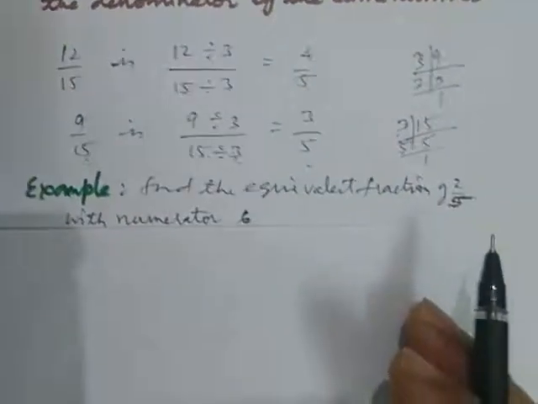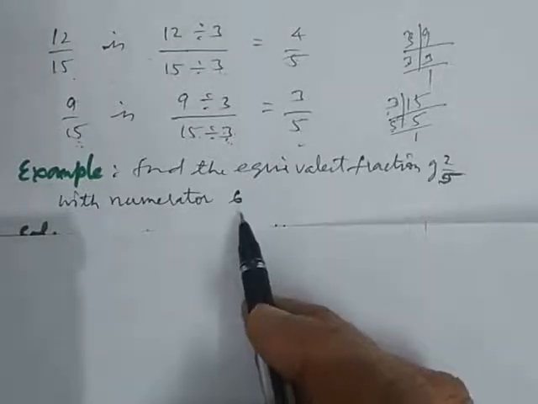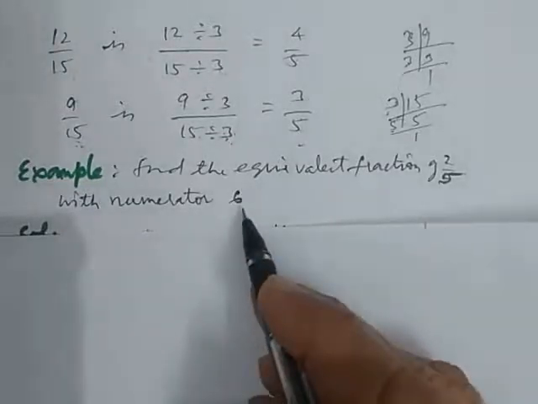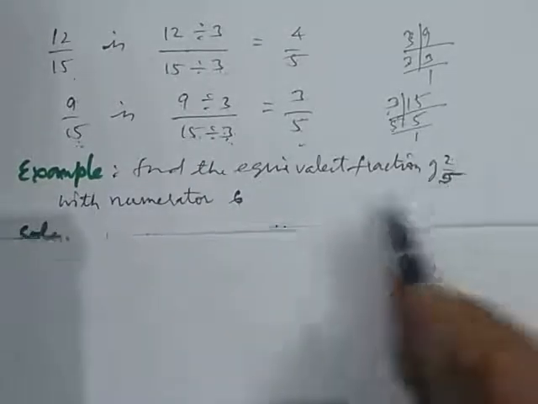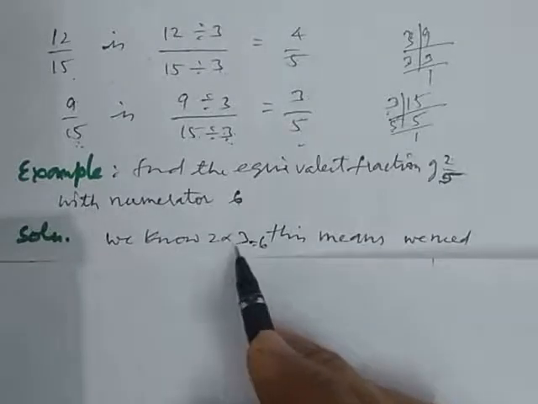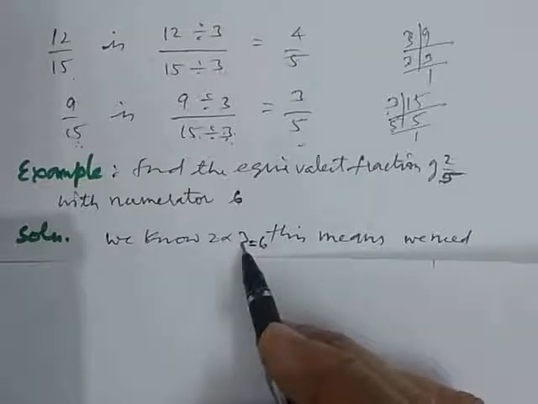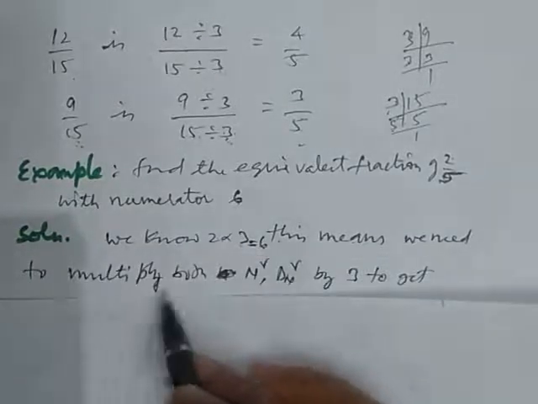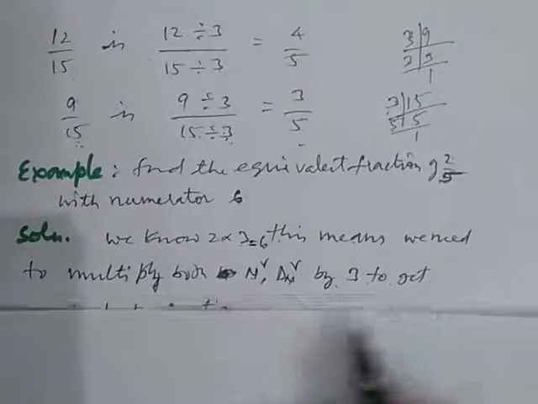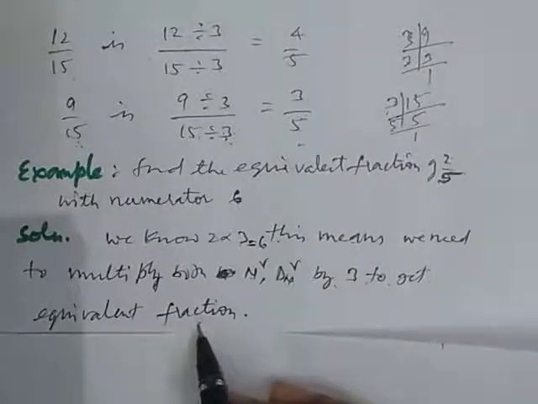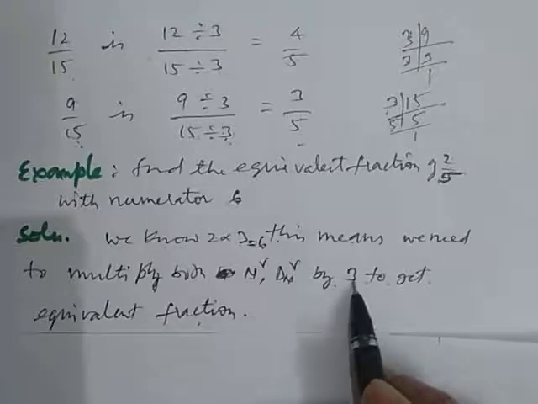Now we take an example. Find the equivalent fraction of 2 by 5 with numerator 6. Here the condition is that we need the numerator 6, and the numerator is 2. We know that 2 into 3 is 6. So to get the numerator 6, we have to multiply by 3. This means we need to multiply both numerator and denominator by 3 to get the equivalent fraction, because the necessary condition is that numerator and denominator are multiplied by the same number.